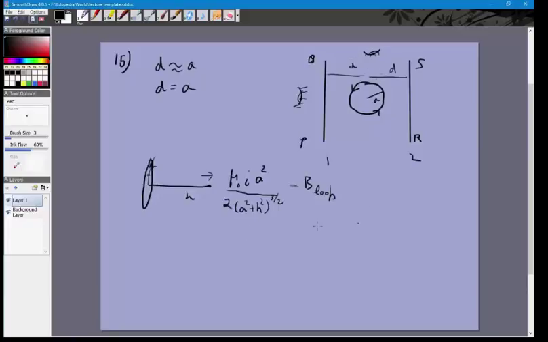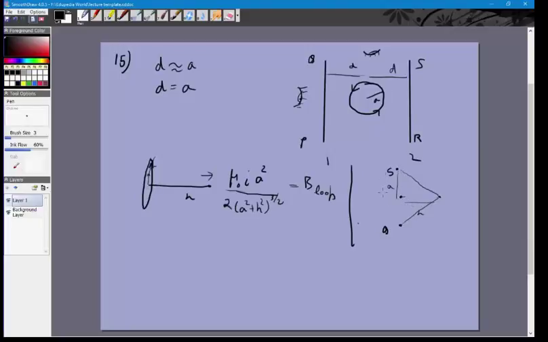So from the top, this would just be a wire, right, and this would be the other wire. This is, let's say, point S, and this is point Q, which we are looking at. Here you will have the center along this line, and what you'll have is a point at height H from here. This is A, this is H. We need the magnetic field here, right, and here.